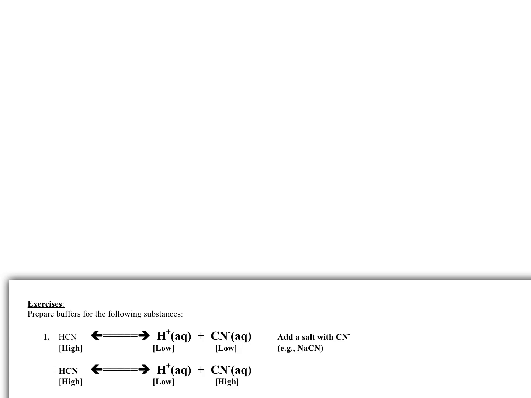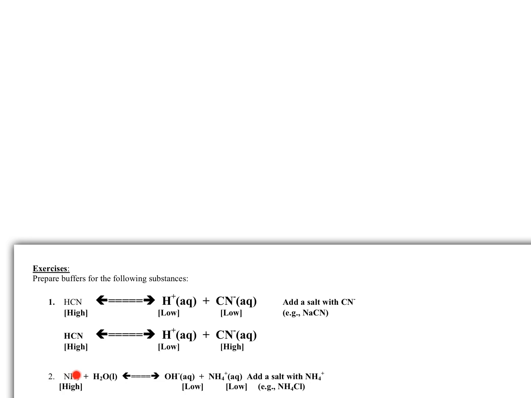We're taking a normal weak reaction and adding something, specifically a salt that contains our conjugate ion, in order to have a high concentration of the conjugate. Our goal is always to have a high concentration of the weak acid or weak base and a high concentration of its conjugate. So for the reaction of NH3 with water, it produces hydroxide and NH4.